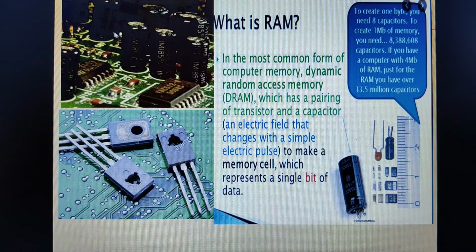These capacitors require constant power supply. Therefore this dynamic random access memory needs to be refreshed constantly when you are comparing with the static random access memory. Both are volatile in nature. Until the power supply is supplied, they will hold the contents.